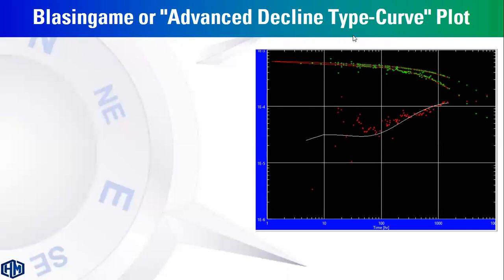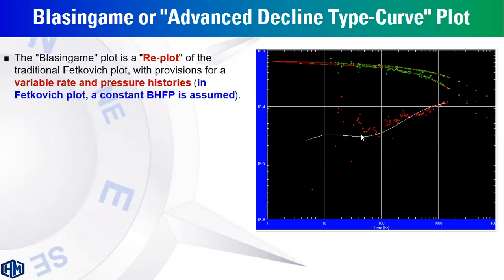Next is the Blasingame, a more advanced decline type curve plot, as you can see. This plot is simply a replotting of the traditional Fetkovich plot, but considering variable flow rate and variable pressure.